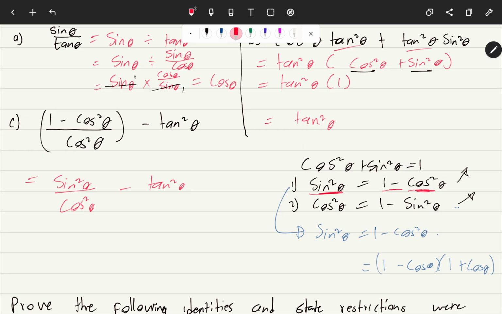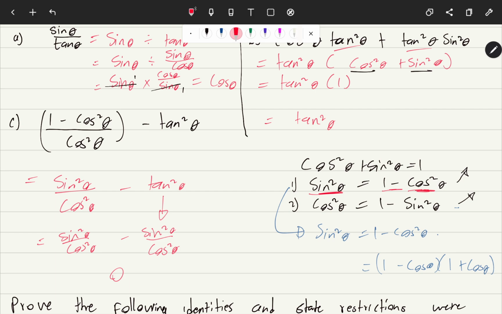You might want to convert this to tangent and say you have tan²θ minus tan², or alternatively, you can just say sin² over cos² minus sin² over cos². So now you change tan² into this, and then your answer is just going to be 0.